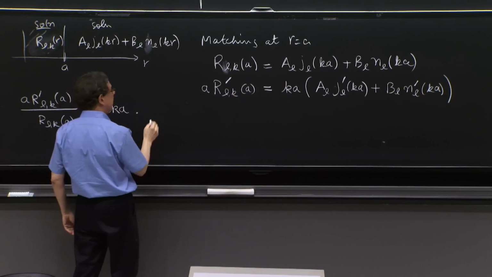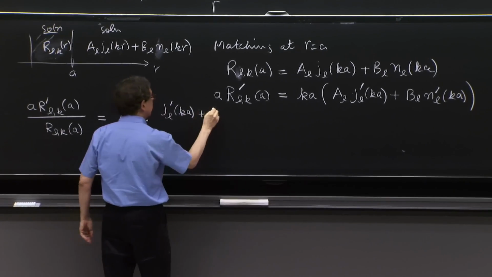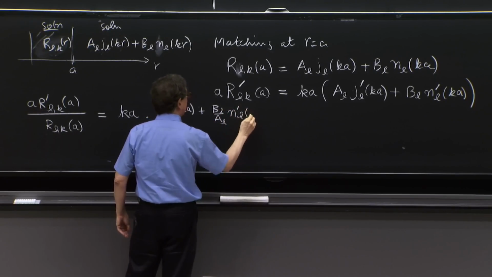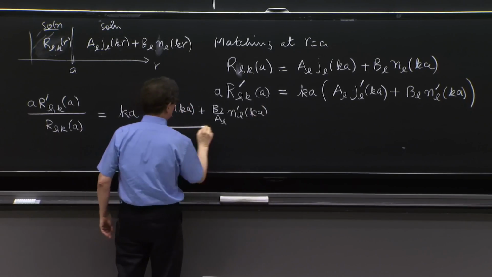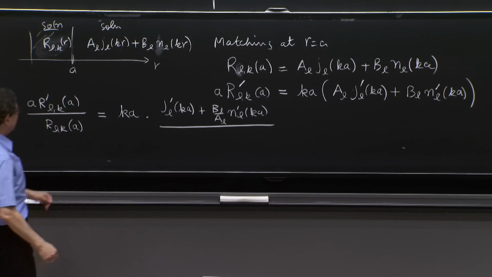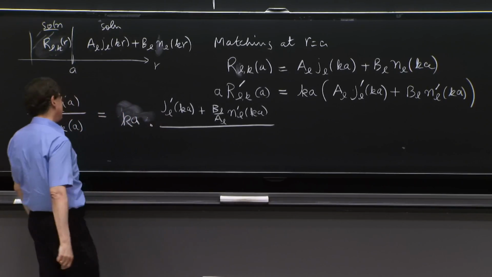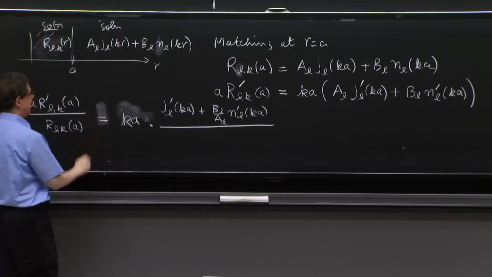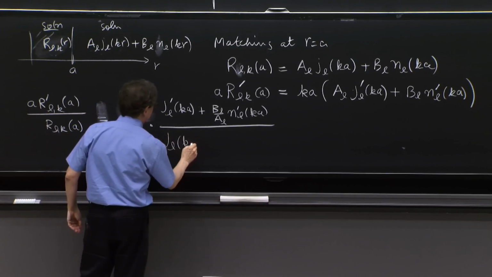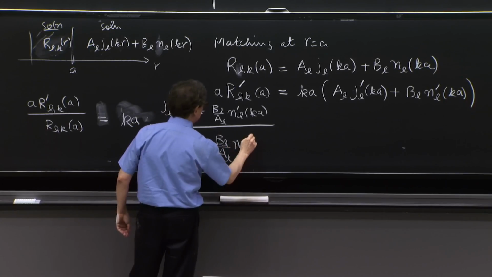So here I'll have the ratio of j'_L(ka) plus B_L over A_L n'_L(ka) over, the equation came out a little unbalanced, but it's not so bad, ka, numerator, and here you get j_L(ka) plus B_L over A_L n_L(ka).